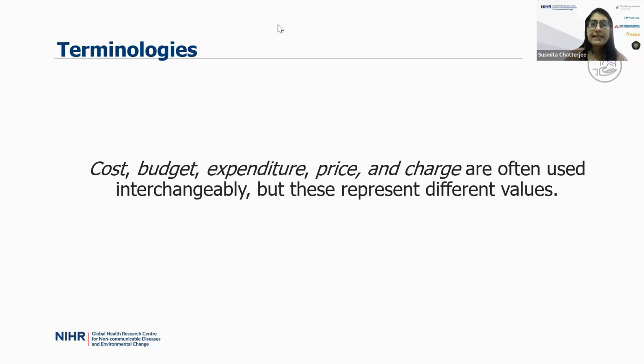Example for price and cost. Cost is the valuation. Let me give my example again. The price of myself being at TGI is my salary. That's the price to the company.